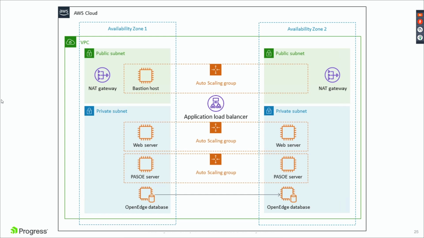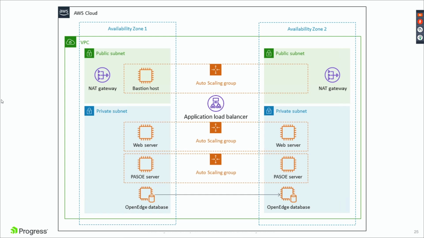We have the option to create 2 or 3 instances. And in that way, we can set up a configuration with OpenEdge replication. And for your research, if you don't have OpenEdge replication just yet, you can just use a regular OpenEdge license and basically copy the database.